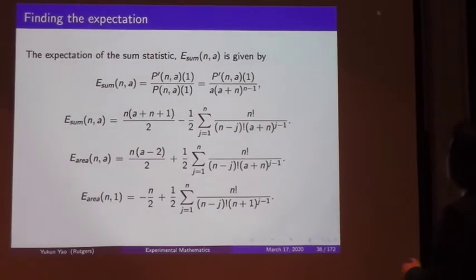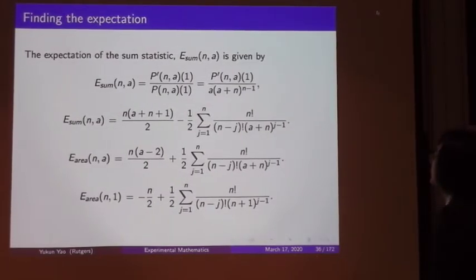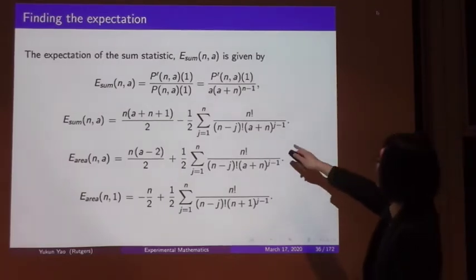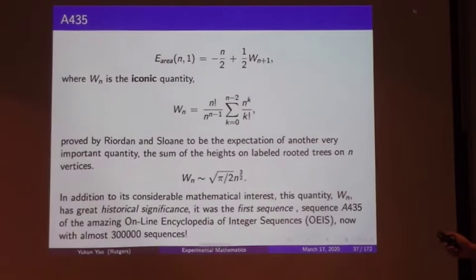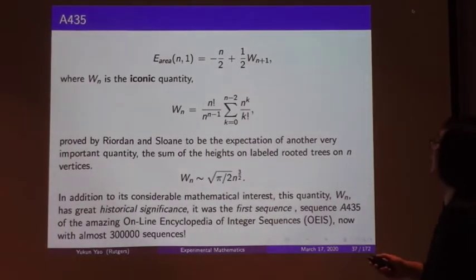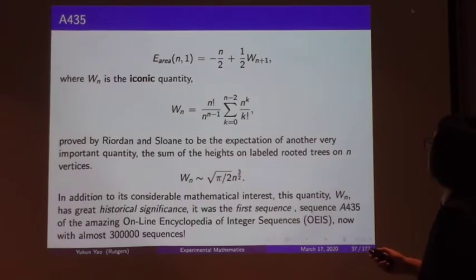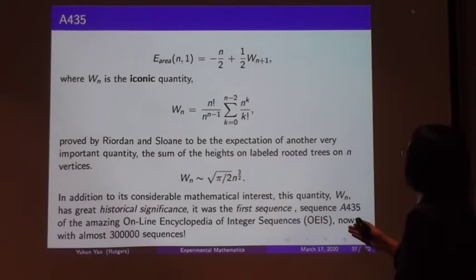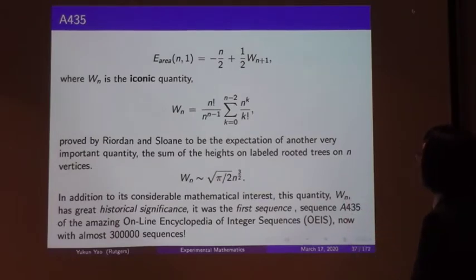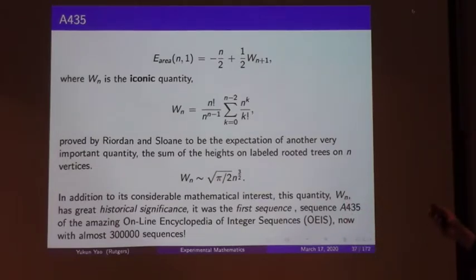Actually, I think this result was already obtained by someone else. But let's look at the summation here. The summation is connected to the sequence in OEIS A435, the expectation of the sum of the heights on labeled rooted trees on n vertices. And this was the first sequence in OEIS.